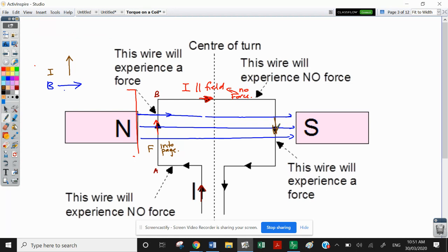But when it gets around to here, the current is running in this direction here. So going through our forces again, we've got B in this direction, and we have the current in this direction. Using our right-hand push rule, our FBI rule, with the current going down, we get force out of the page.